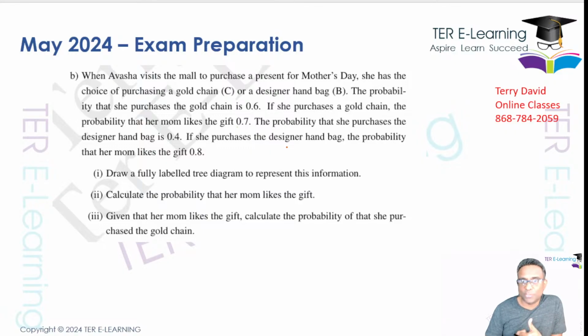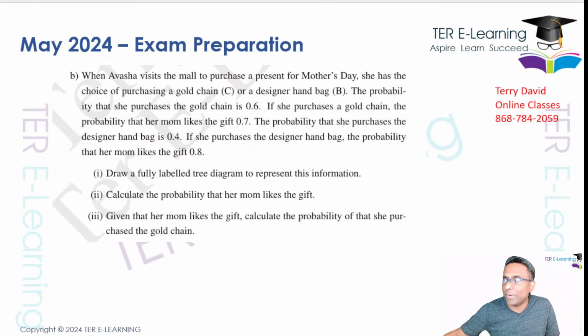If she purchases the gold chain, the probability that her mother likes the gift is 0.7. The probability that she purchases the designer handbag is 0.4. And if she purchases the designer handbag, the probability that her mom likes the gift is 0.8. The question is, draw a fully labeled tree diagram to represent the information.